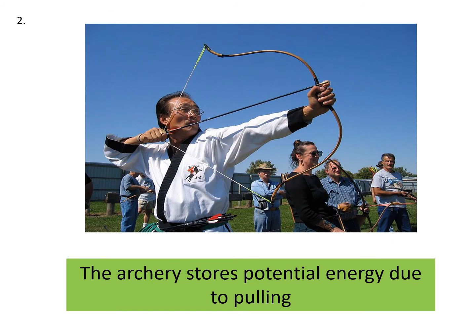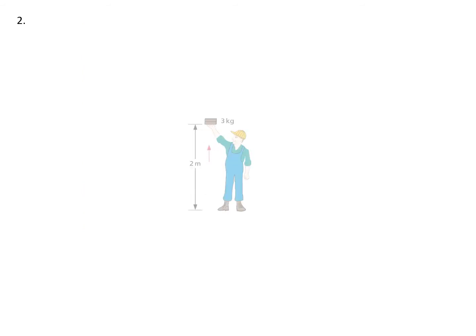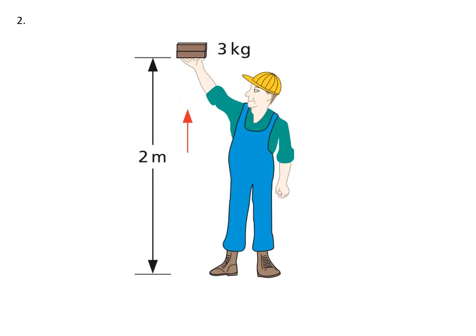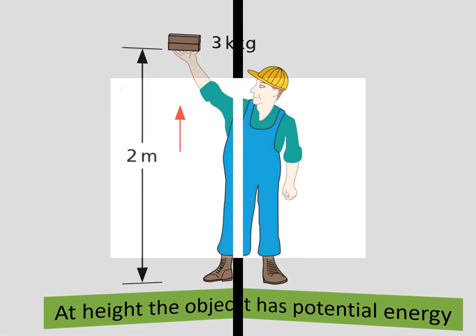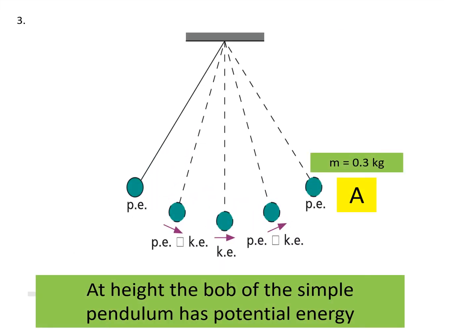You can understand what is potential energy from this archery picture. At height, the object has potential energy. When anybody raises any substance at a height, then there is a stored potential energy, gravitational potential energy. You can see another picture. Here, in a simple pendulum at A, the bob has potential energy. Okay.